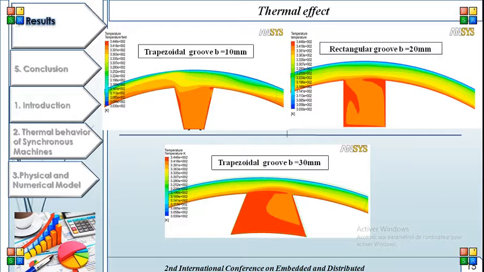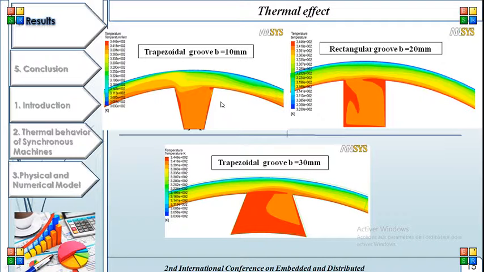For the thermal effect, the effect of different groove shapes on the temperature distribution is observed in these contours, where the results reflect the positive effect of inserting axial grooves on the rotor. Here, the temperature rise in the inner rotor wall is caused by friction during the rotation of the rotor, and the temperature contour also shows instabilities due to the presence of the grooves.